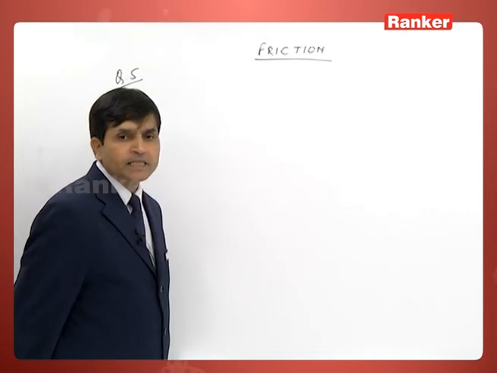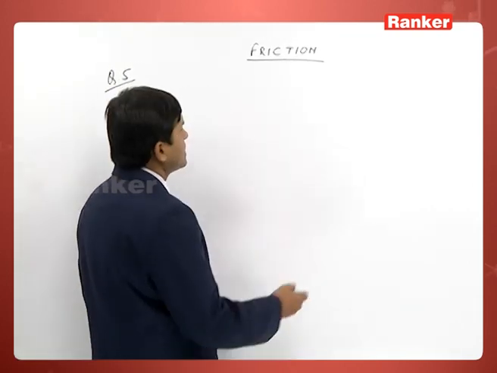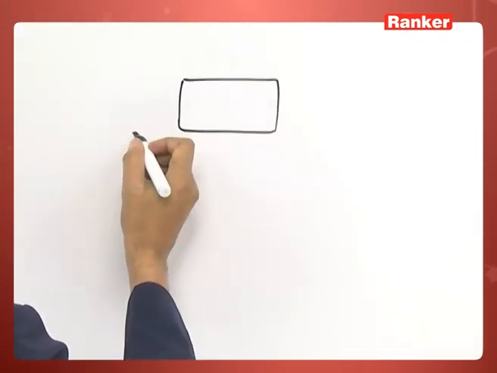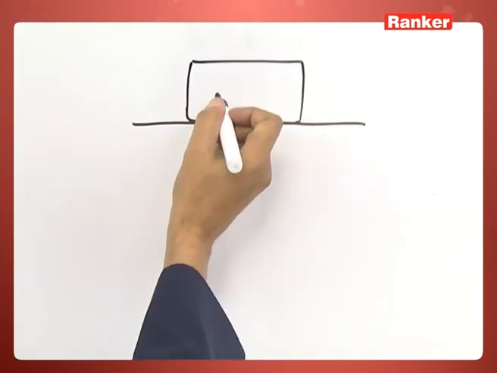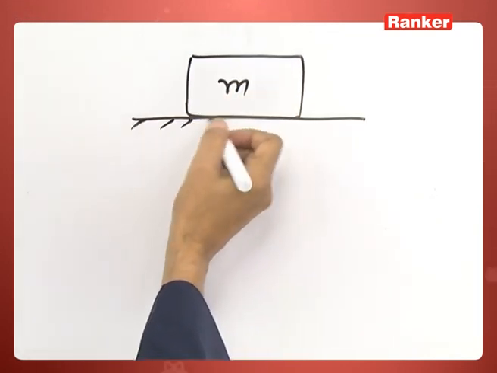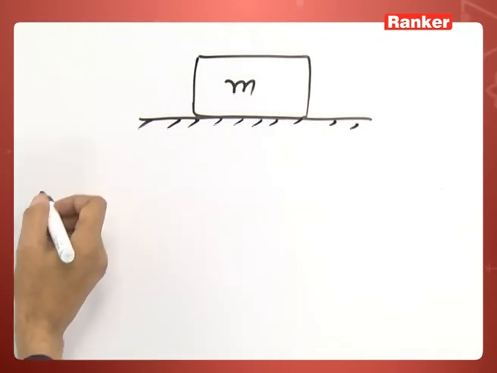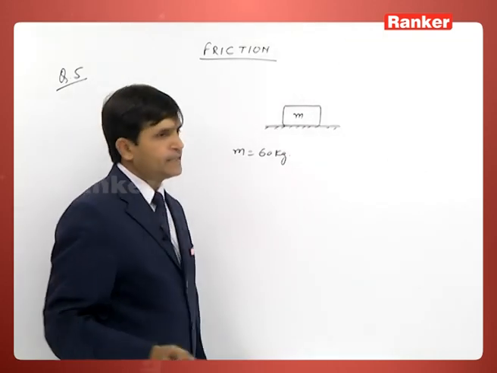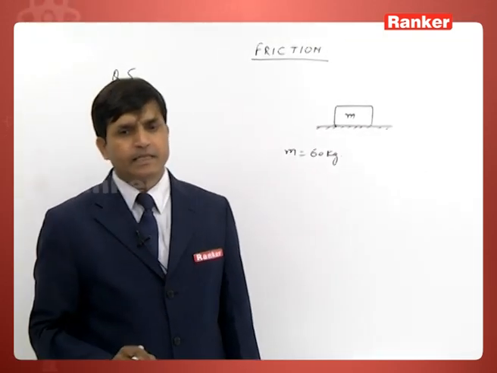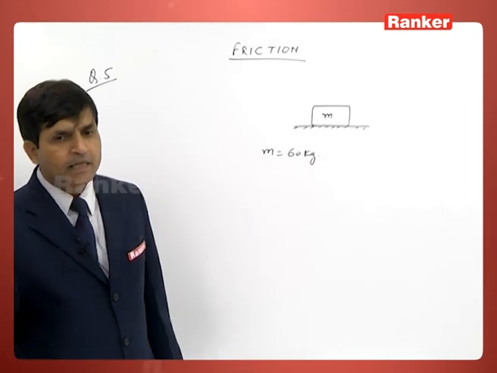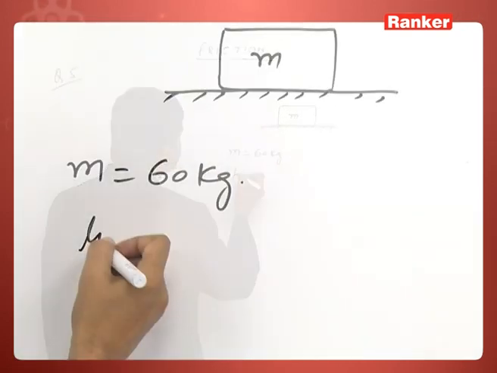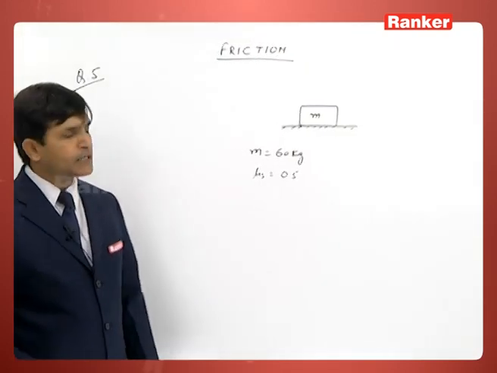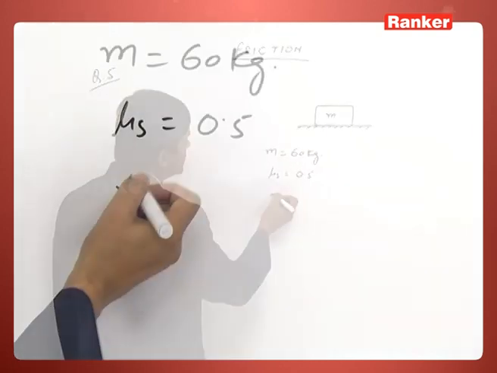So the meaning of this statement is that the body of mass 60 kg is kept on the horizontal surface. So mass m is given here as 60 kg, and the two friction coefficients are given: mu s, static, which is 0.5, and kinetic friction coefficient 0.4.